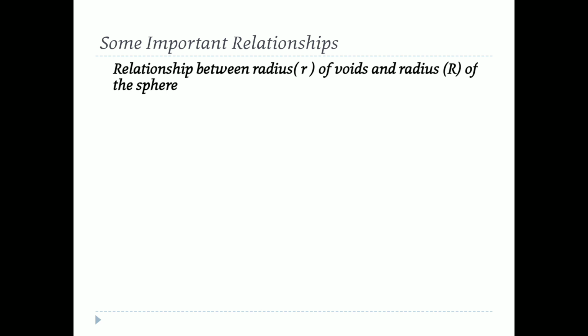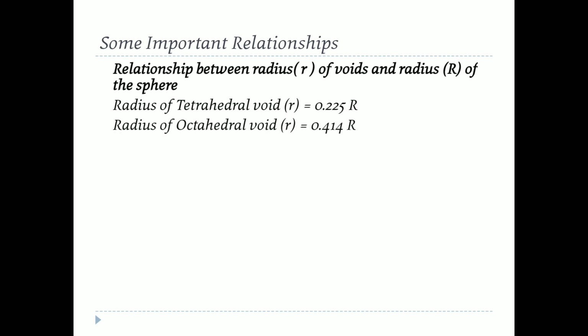But here we are going to have a relationship between the radius of the void and the radius of the sphere. So the generalization goes like this: the radius of the tetrahedral void is equal to 0.225 times the radius of the sphere, and the radius of the octahedral void is equal to 0.414 times the radius of the sphere.